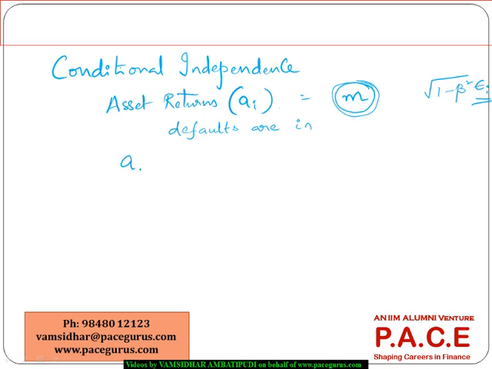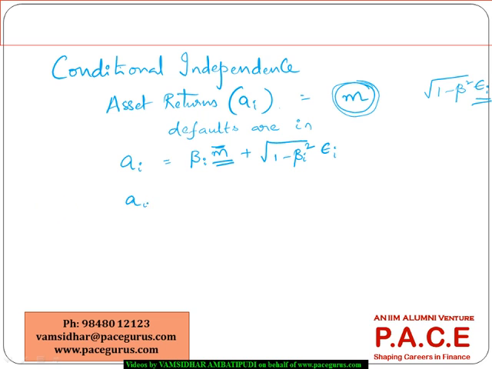All we do in that model is say AI is beta I times M plus square root of 1 minus beta I squared times sigma I, epsilon I. Now, assume some specific factor value for the market.